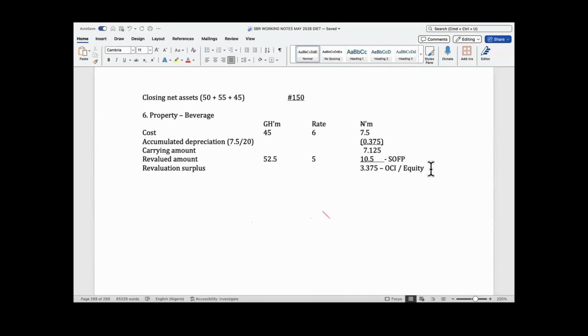Long-term service bonus. So, using PUCM, projected unit credit method, the entity will accrue for only the first year bonus.